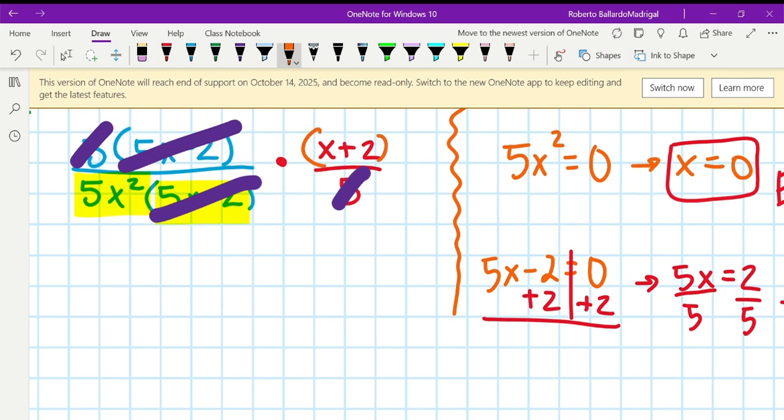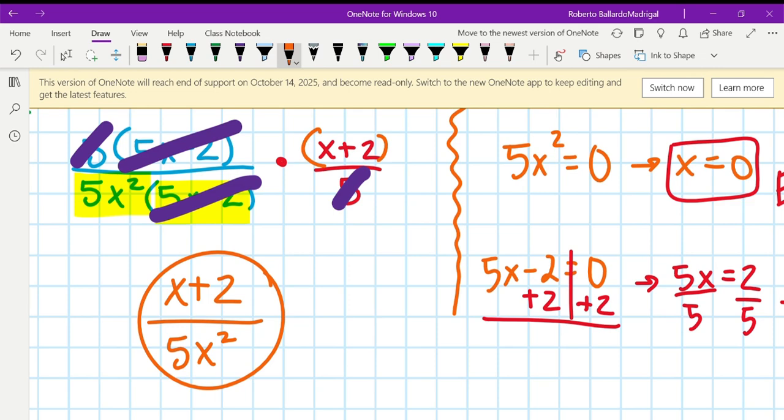You can't touch what's inside of this group with what is out here. So this is a group of x plus 2. You can't just take out the terms and then say, okay, I'm going to cancel with the bottom. You have to remember anything that is being added has to be considered as a group, as a factor. Okay, so we get a final answer of x plus 2 in the numerator and 5x squared in the denominator with our EVs on the right-hand side.